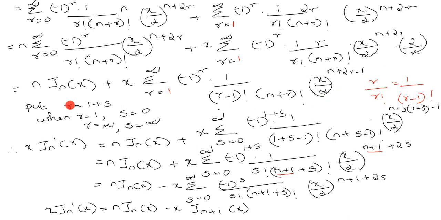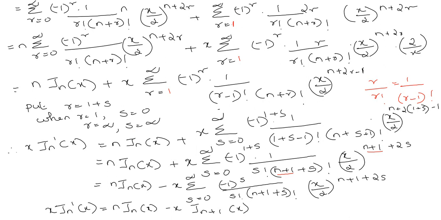We are going to put r is equal to 1 plus s. So we need to change the limits for the summation. That is, when r is equal to 1, s is equal to 0, and when r is equal to infinity, s is equal to infinity.